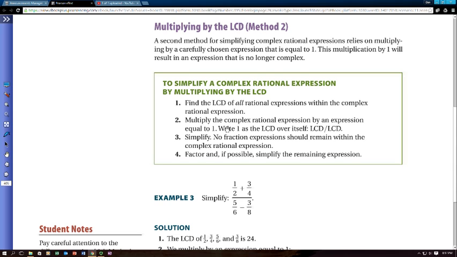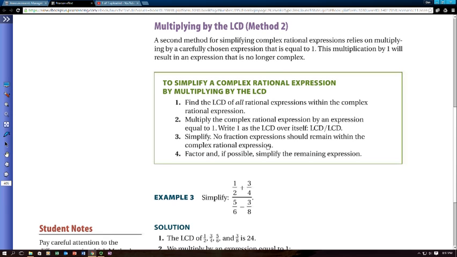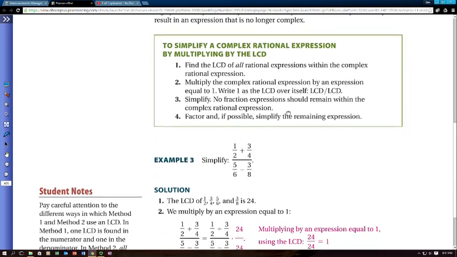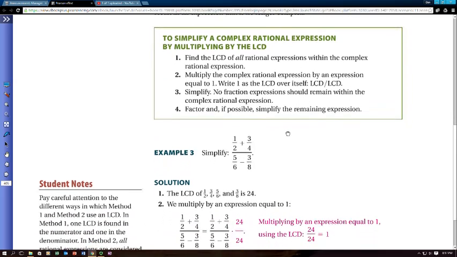When we find the LCD of all these fractions, I'm going to multiply by that LCD over itself, LCD over LCD. In other words, if this is the same numerator and denominator, this is equal to 1 again. And then we simplify. No fractional expression should remain in a complex rational expression. And then we factor and simplify if we can.